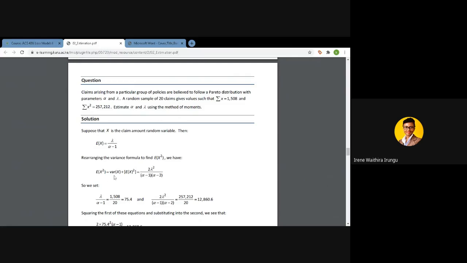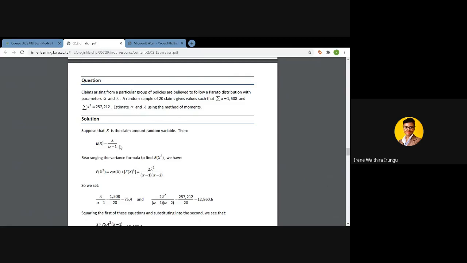Since this is not tabulated, what is actually given is the variance and the mean. Then we can deduce the expected value of x squared from the two by simply summing them. So if you sum the variance of x and the expected value of x, which is the mean, all squared, then you should be able to obtain this value.